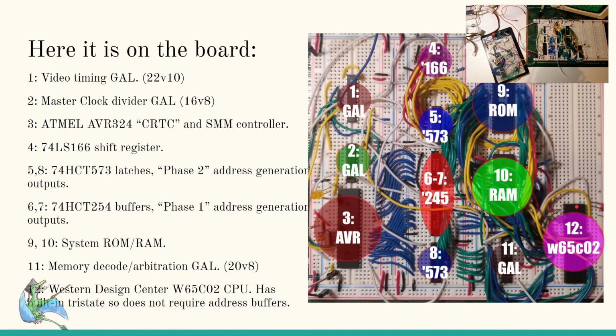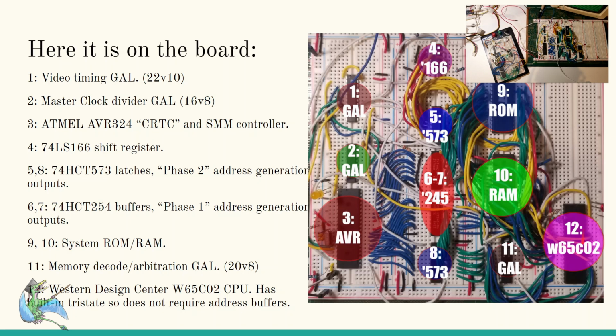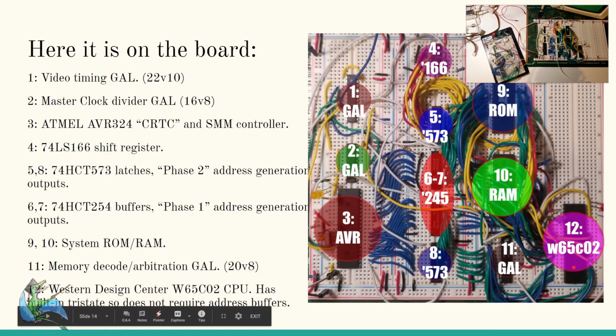The modern version of the CPU has a line on it that, when it's triggered, puts it into tri-state mode, and that can just be connected directly to the clock. So if this was an old 6502, we would need another set of this stuff. Without it, we don't need it.